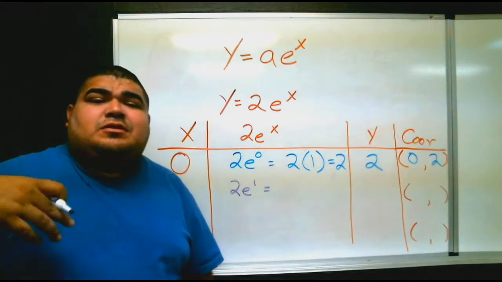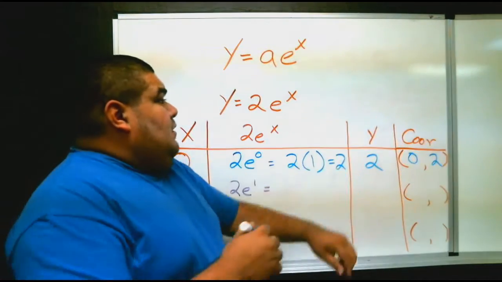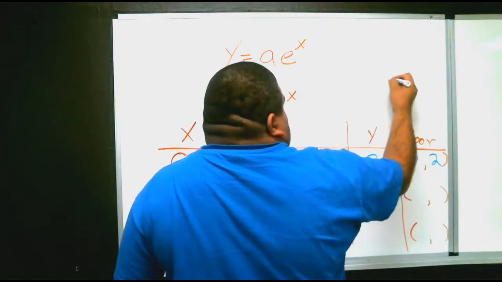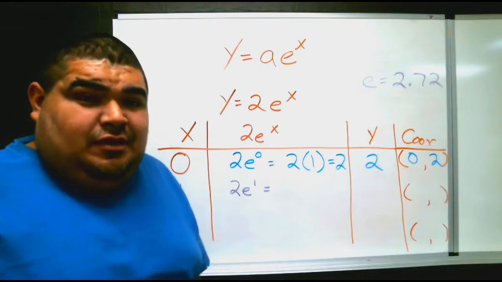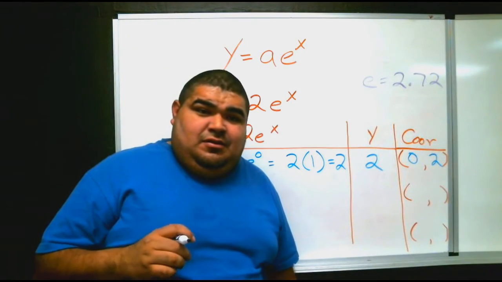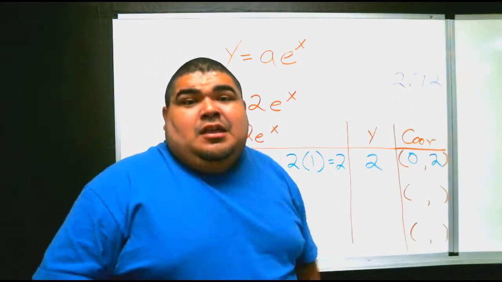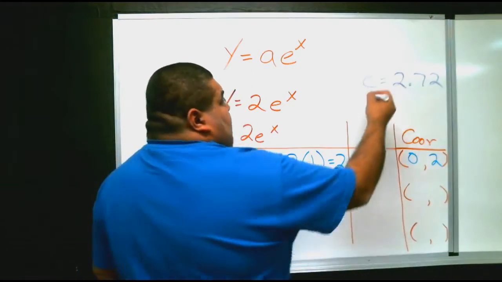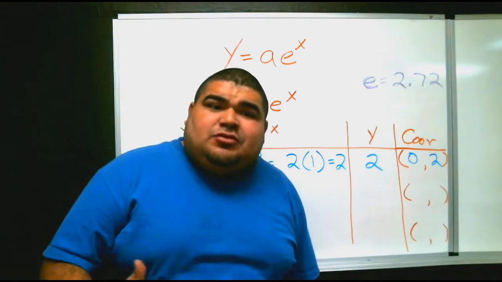Pi to the first power is just pi. The same for e. For e we're going to use 2.72 on the calculator. If you have a calculator that has the actual e, it's even better, because it gives you a more accurate number.